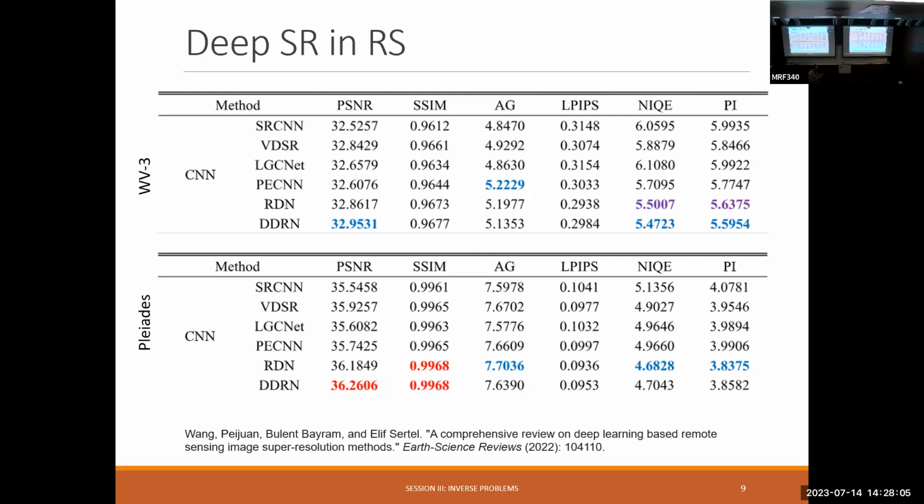Classification is a problem that is very well thought out and people have progressed a lot. In terms of enhancement, like super resolution, the situation is much more striking. You can see that for this data set, the evolution in the last 10 years is almost nothing. In terms of the structural similarity index that goes from 0 to 1, I need to go to the 4th digit to see any difference.